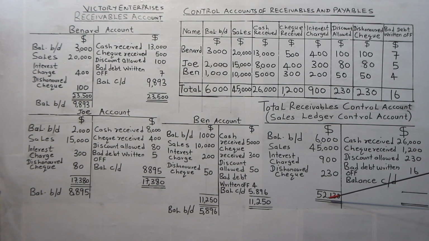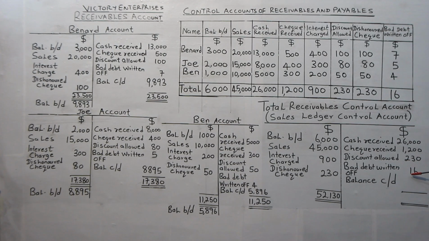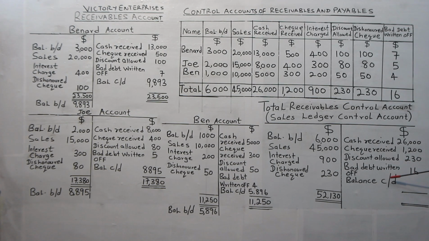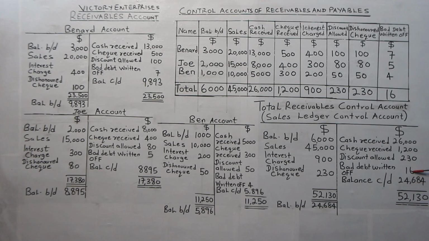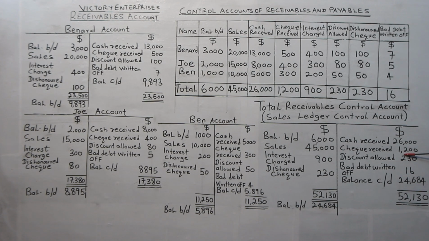Therefore, we now have 52,130 minus 26,000 minus 1,200 minus 230 minus 16, and that should give us a balance carried down of 24,684. If you add 24,684 plus 16 plus 230 plus 1,200 plus 26,000, it's going to give you 52,130, which is now closed in the same line with the amount closed on the debit side.